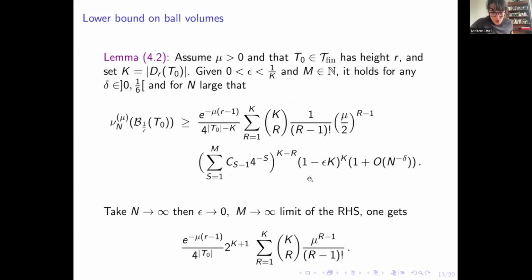It tells you that I have to choose r vertices out of these k vertices. And what I will do to obtain the trees in the ball around T0 of radius 1 over r is to graft infinite trees on top of these r vertices that I choose, and to graft finite trees on top of the rest of these vertices.